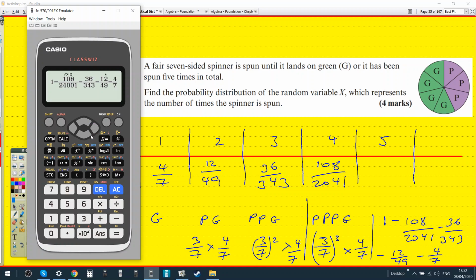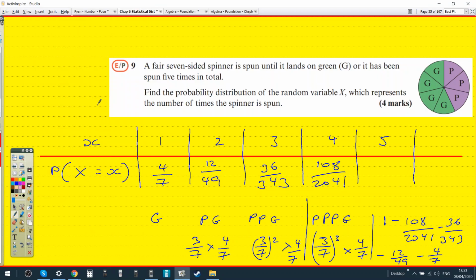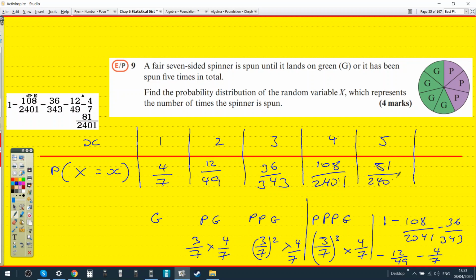Then it might work. Yeah, there we go. So just type out 2401, and so this was 81 over 2401.